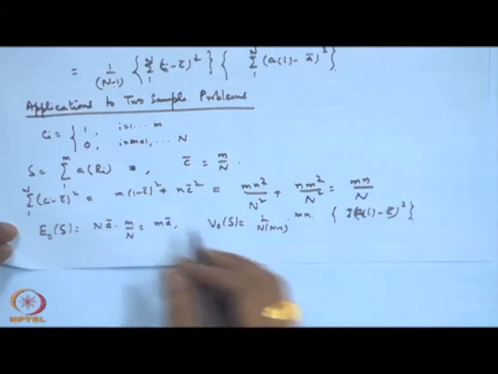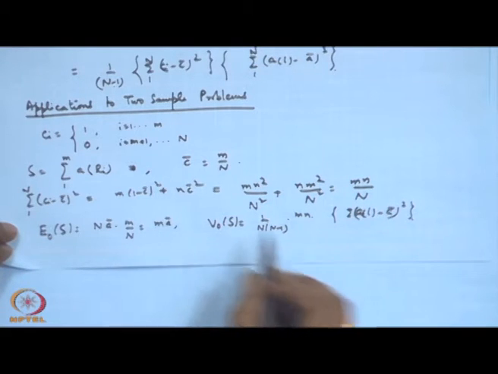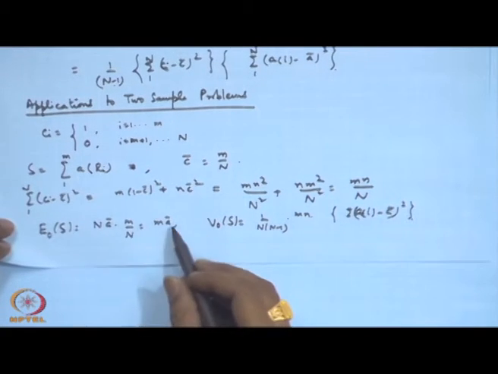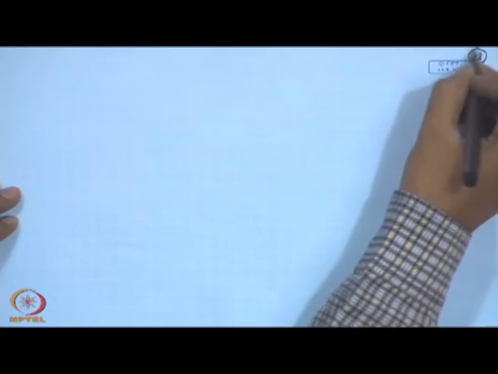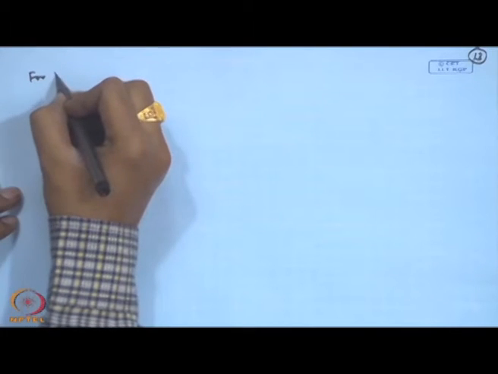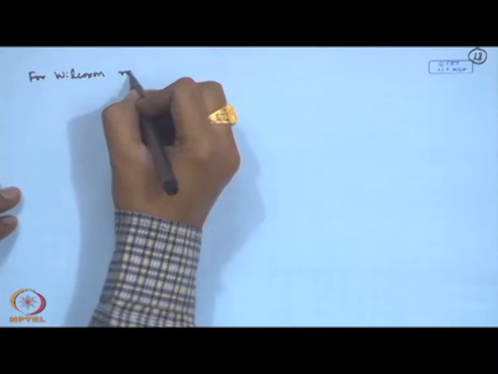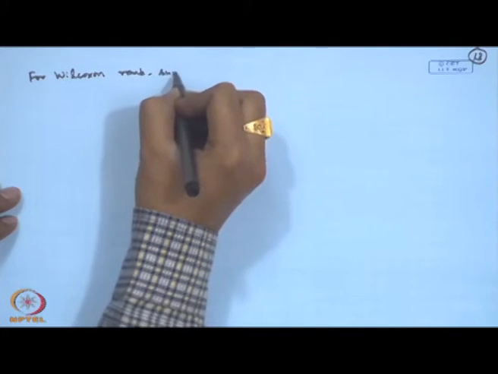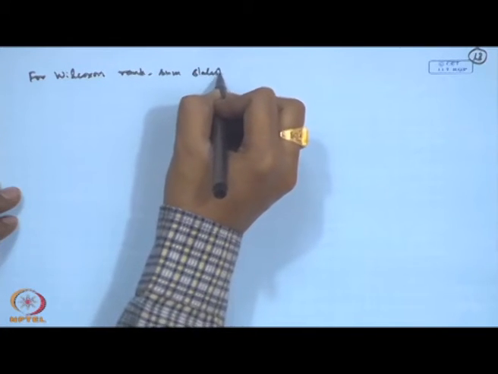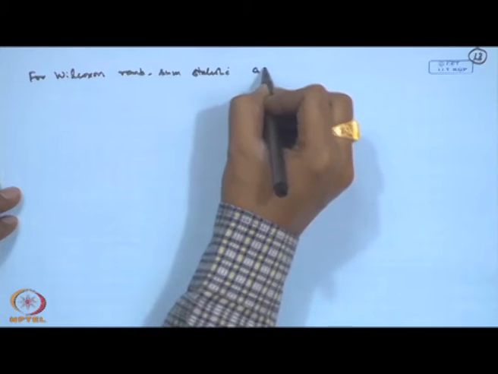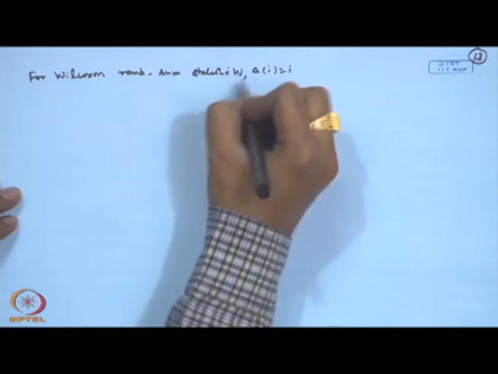For Wilcoxon rank sum statistic, A_i is equal to i. So, if I put that value here, what I will get? For Wilcoxon rank sum statistic, A_i is equal to i.